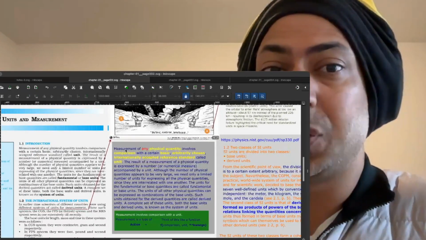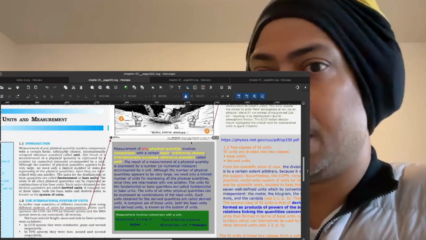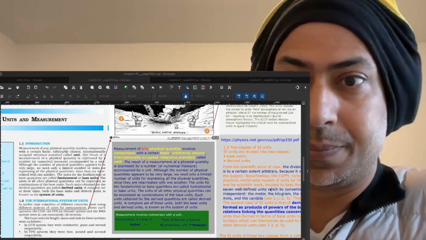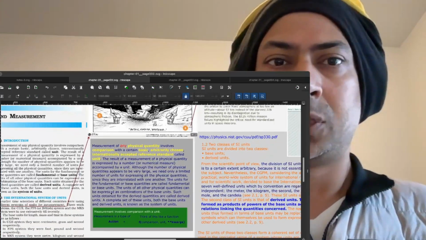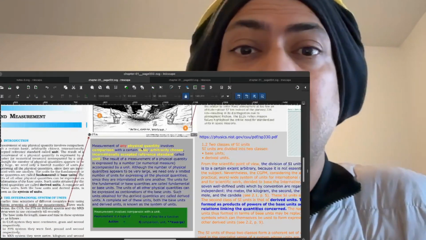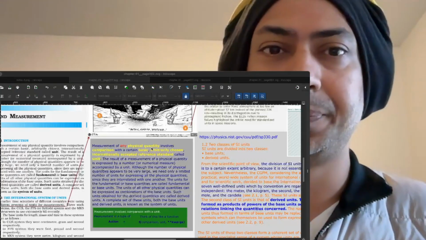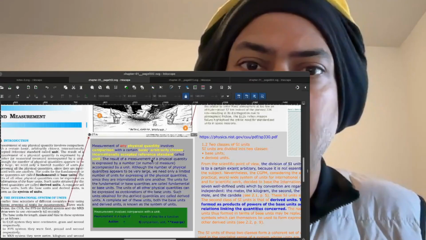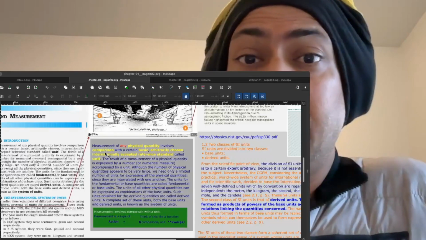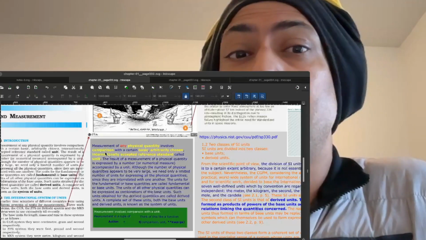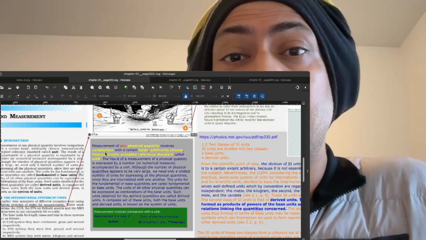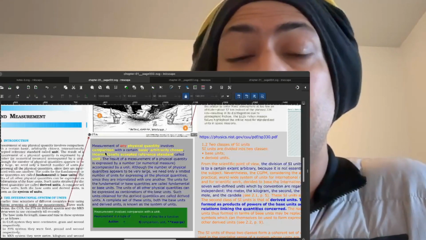So, measurement of any physical quantity involves comparison with a certain basic, arbitrarily chosen, internationally accepted reference standard called unit.